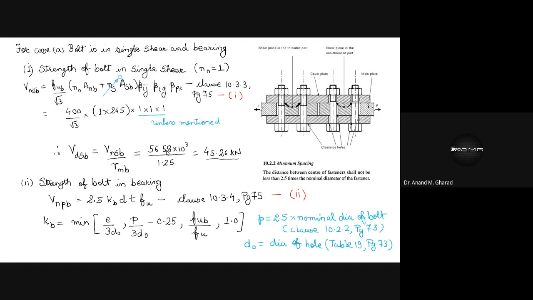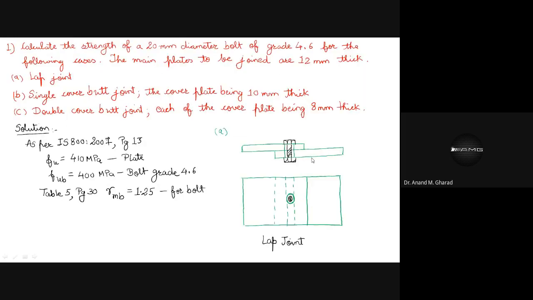Then for first case where the bolt is in single shear and bearing. So I have written this statement. For case 1, that is this case, the bolt is in single shear and bearing. Why must I have written this? Let's recall our discussion related to the shear planes, which may be there based on the type of joint.